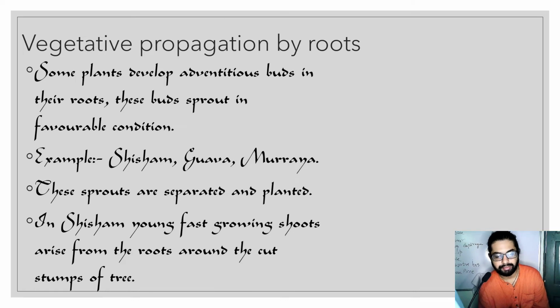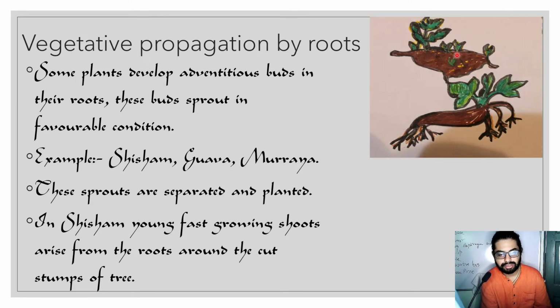In shisham, young fast growing shoots arise from the roots around the cut stumps of the trees. In the shisham tree, we see that if there is any cut or injury in the root of the parent plant, new shoots develop from there, and this is very fast.